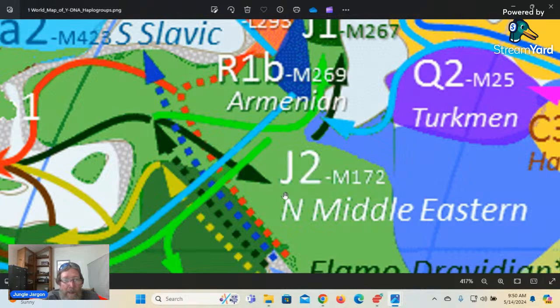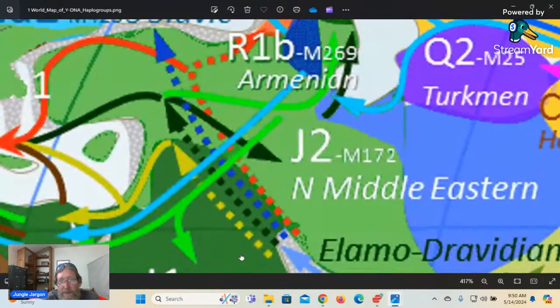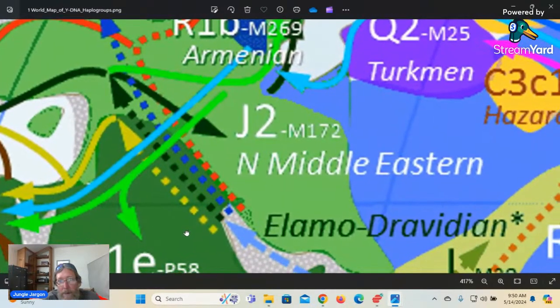J2 M172, because of course Israel was expelled from Israel many times to the north. So that's why J2, which is Semitic, right? Because J1 P58 is Middle Eastern Semitic, so J2 is Semitic as well. They just call it Middle Eastern.